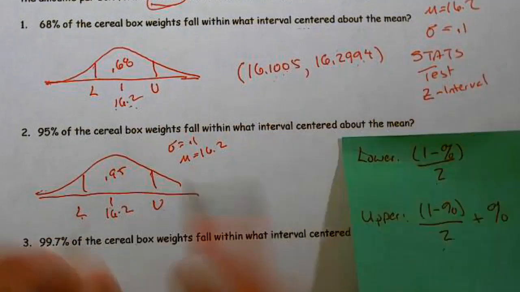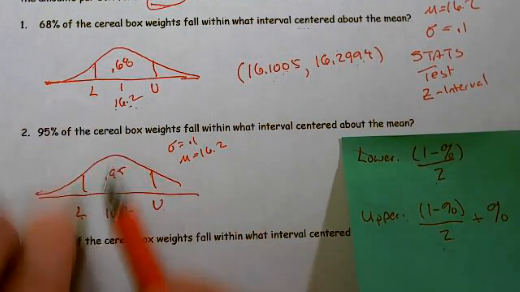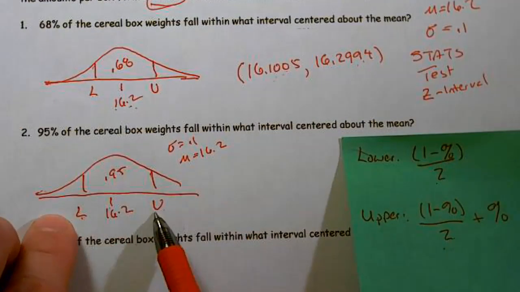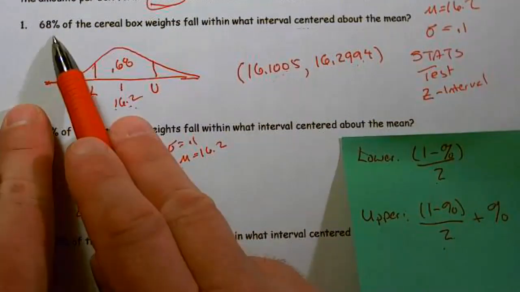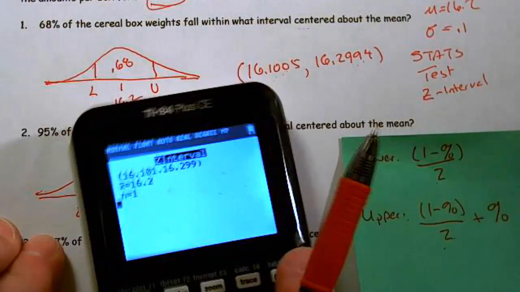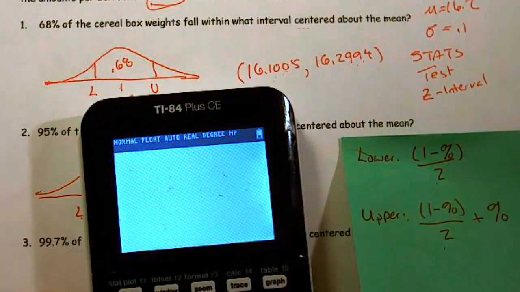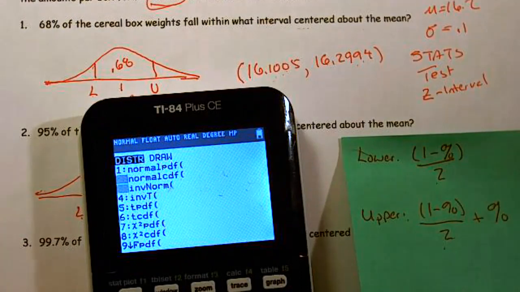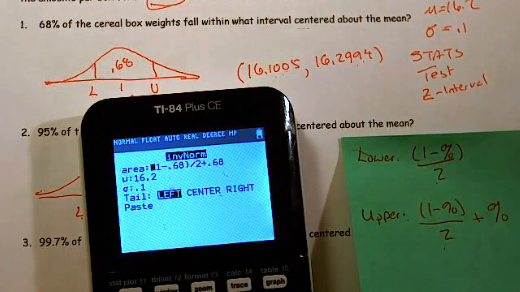We're more spread out. Because remember, this is plus or minus 1. This is plus or minus 2. Because we're working with 1 standard deviation versus 2 standard deviations. So here we go, using my formula. Second vars, inverse norm. Clear that out. Parenthesis, 1 minus 0.95, close parenthesis, divided by 2.